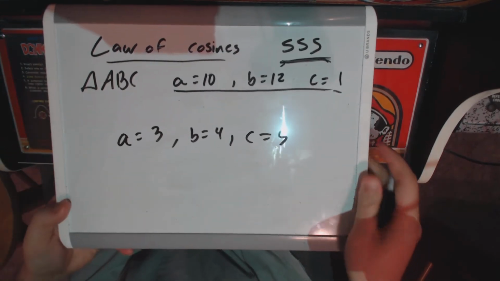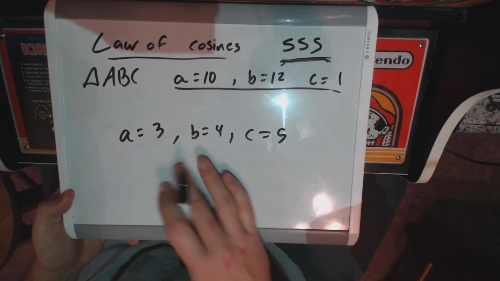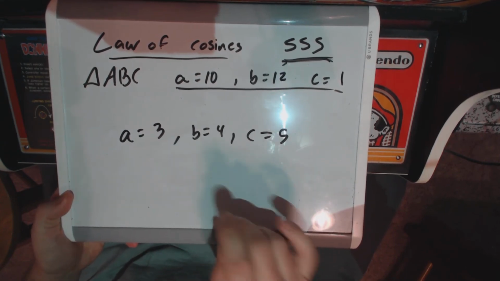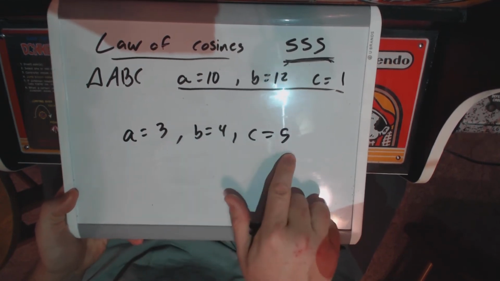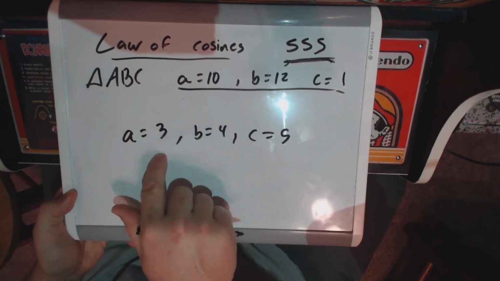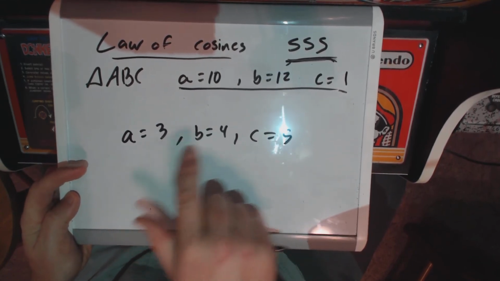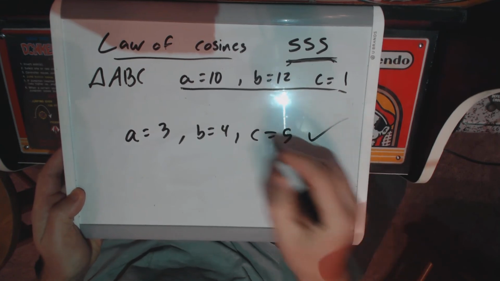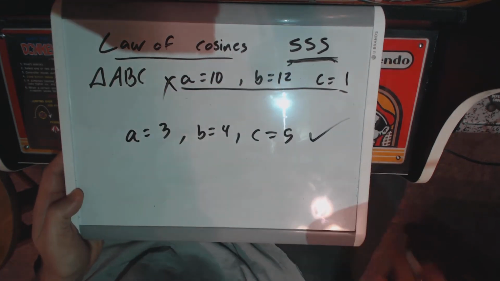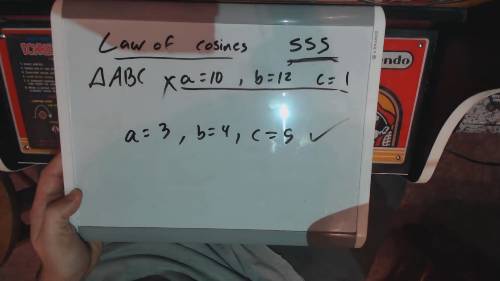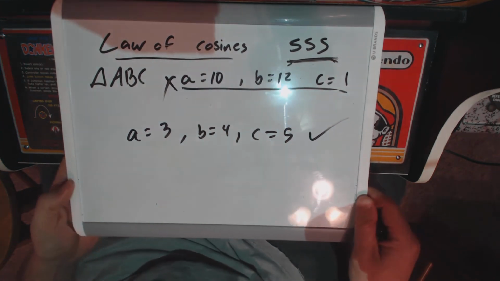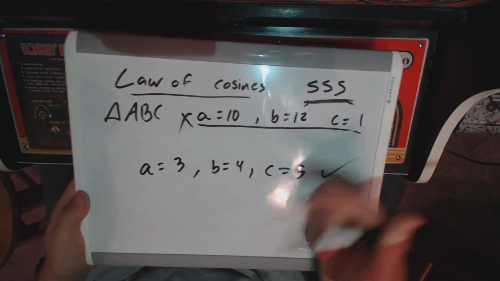We all know this is a triangle because that's the famous 3, 4, 5 Pythagorean triple, right? But you can see that these two add up to 7, which is bigger than 5. These two add up to 9, bigger than 3. These two add up to 8, bigger than 4. So this would form a triangle. This would not. So if you double check that at the beginning, it could save you a lot of time.